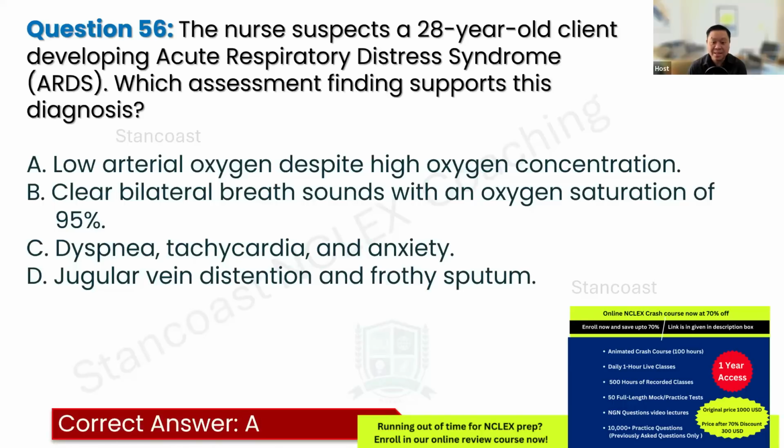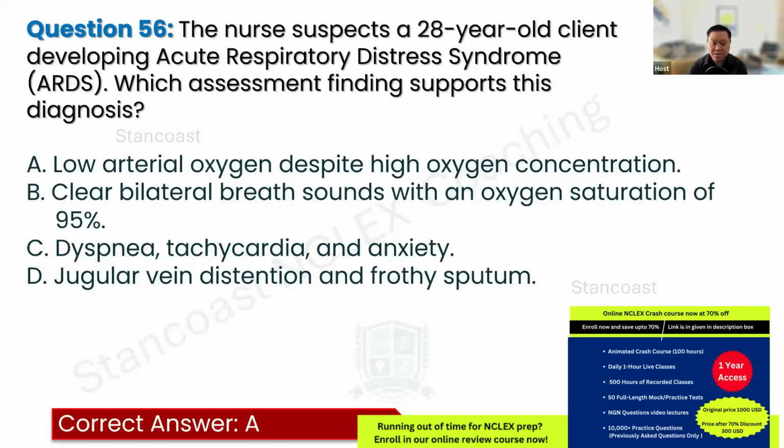ARDS typically involves severe hypoxemia that doesn't respond well to increased oxygen levels due to compromised alveolar membrane function. Letter B is incorrect because the clear breath sounds and normal oxygen saturation do not indicate ARDS. And letter C, while these can be early signs of ARDS, they are not definitive and may indicate other conditions.